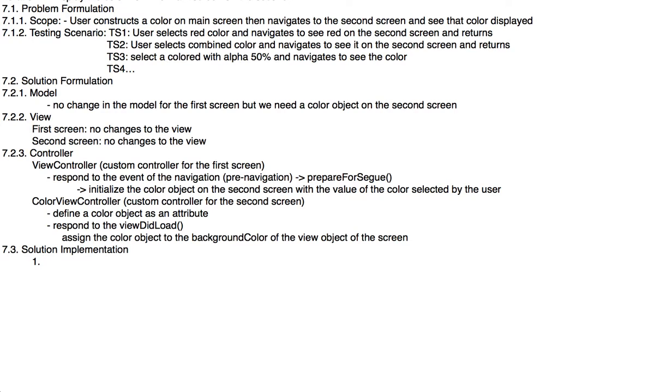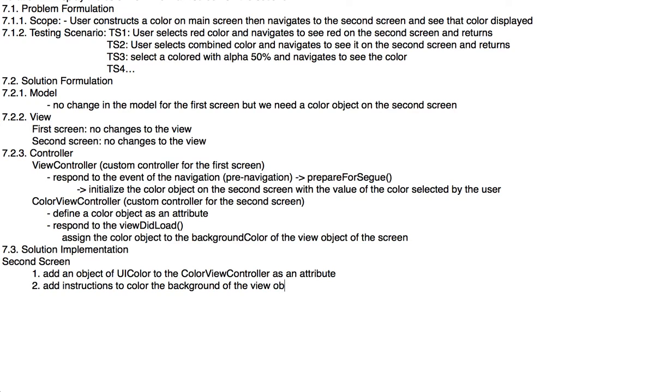So what we need to do in solution implementation, the first step is to add an object of UI color to the color view controller. I'll probably do the second screen first. To the view controller as an attribute, so it's defined in the class, not inside the function. Then add instructions to color the background of the view object with the color object value.